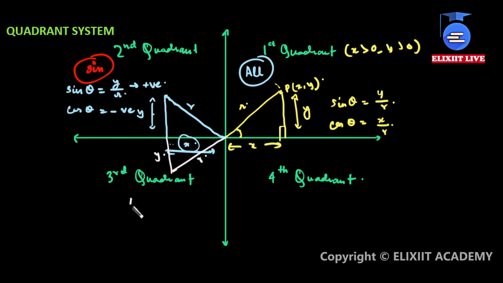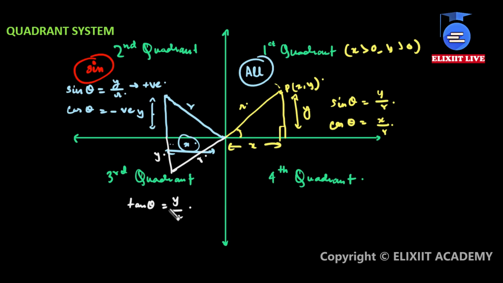So for tan theta, you will have y by x. Why y by x? Because whenever you are taking perpendicular by base, what is tan theta in a right angle triangle? Perpendicular by base. So if this is the perpendicular and this is the base, you take y by x. Obviously over here, y is negative and x is also negative, so the negatives cancel out and tan will become positive.